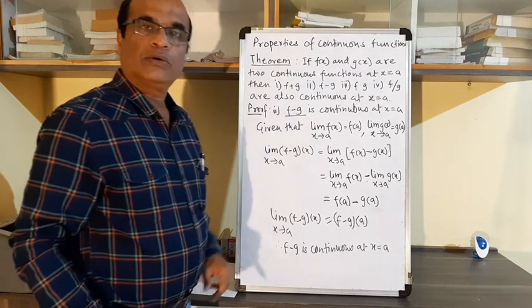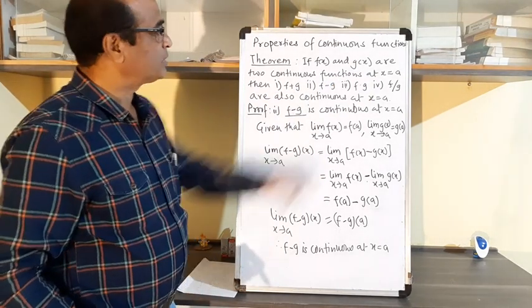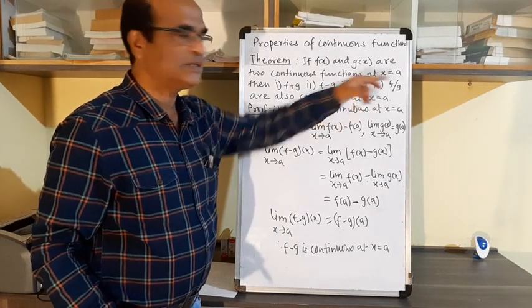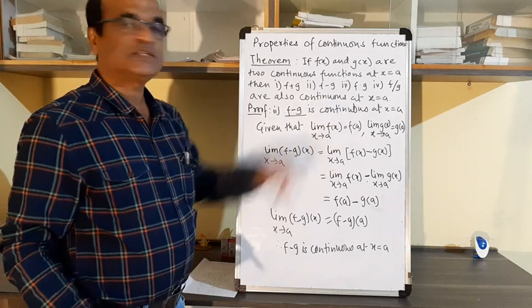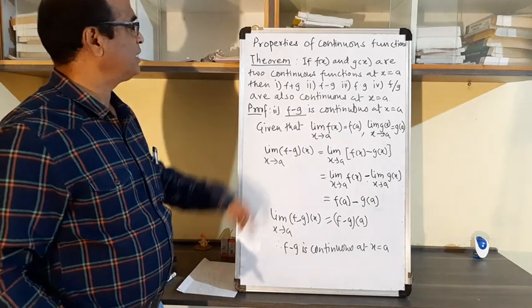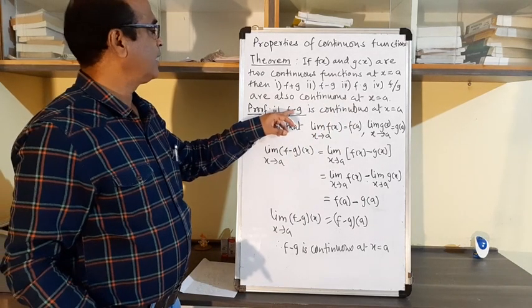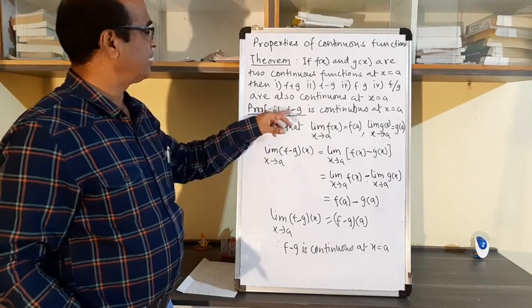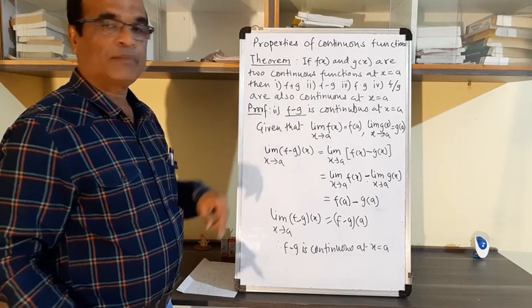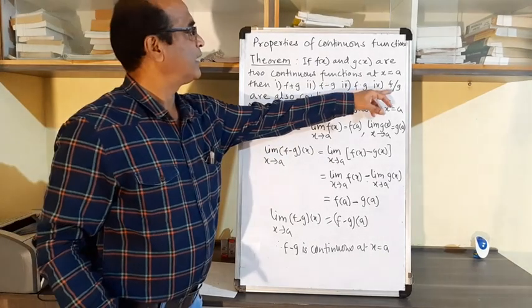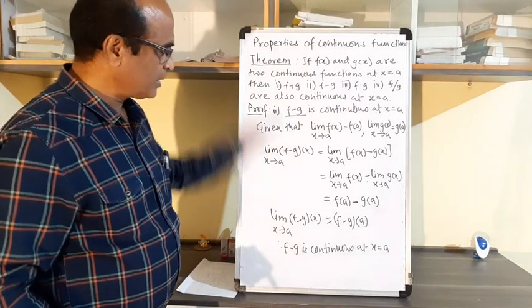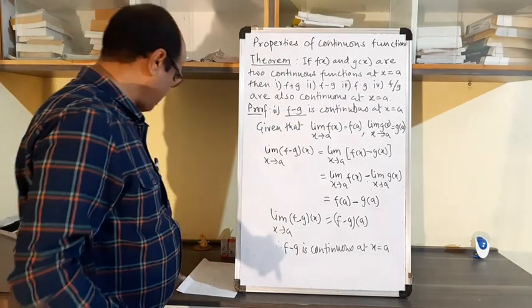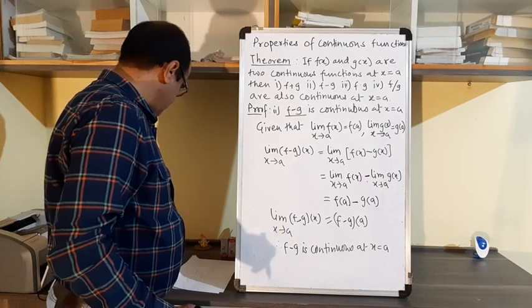Also we can prove this property, f divided by g is also continuous at x is equal to a, by replacing the operation minus with division. So we take division operation instead of minus operation, and we can easily prove these properties of a continuous function here.